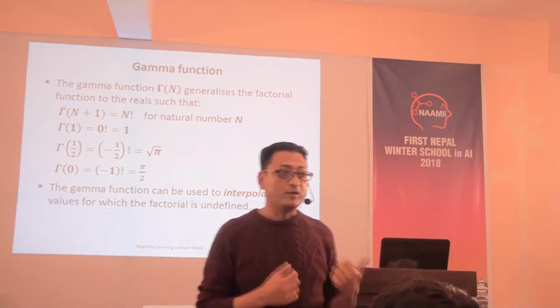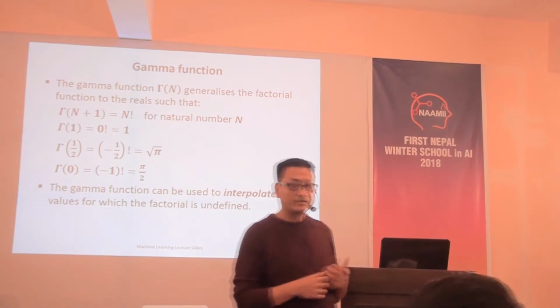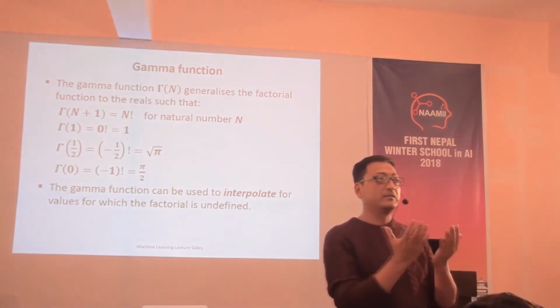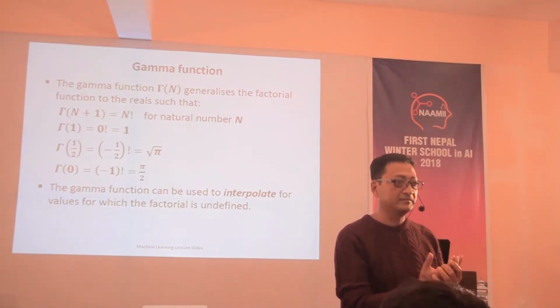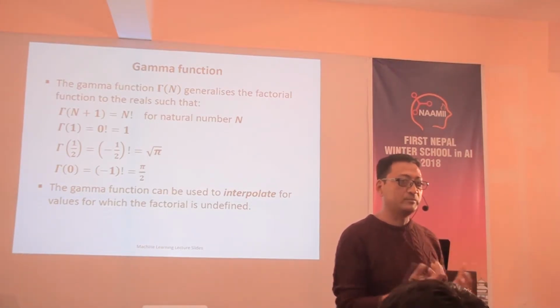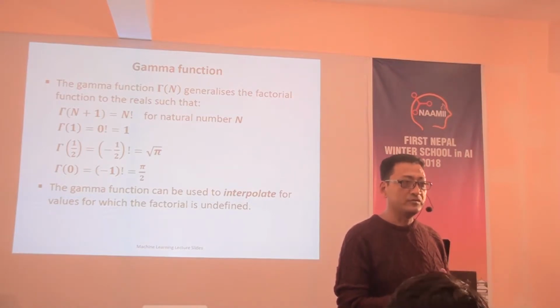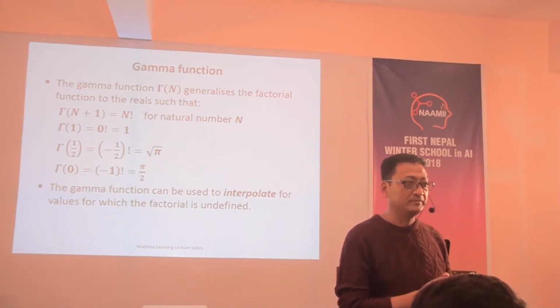And for the values of x where factorial is defined, we want the function to give exactly the same answer. Okay? So we want an interpolation function that expands the factorial function to the real domain. Okay?